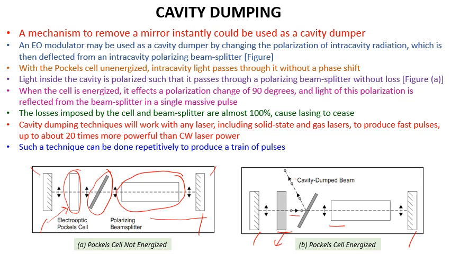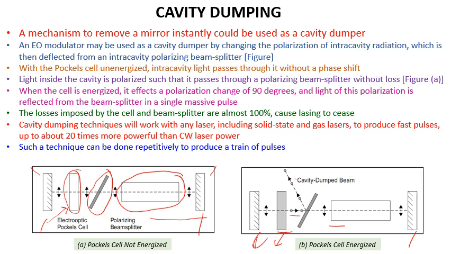In actuality, this mechanism or concept was started to remove the mirror, mechanically or with the hand or whatever it is. The concept started like this: the medium is amplifying here, okay, and instantly you remove this mirror and you get the output.